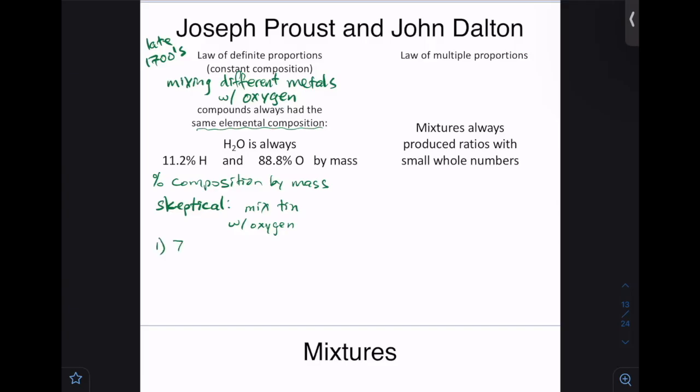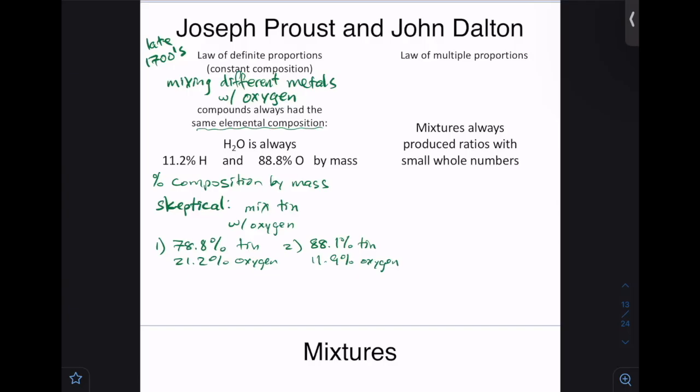One had 78.8% tin and 21.2% oxygen. And another one had 88.1% tin and 11.9% oxygen. So they said, well, Proust, you don't know what you're talking about.